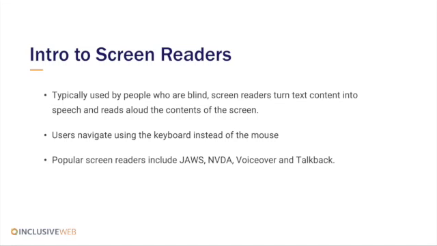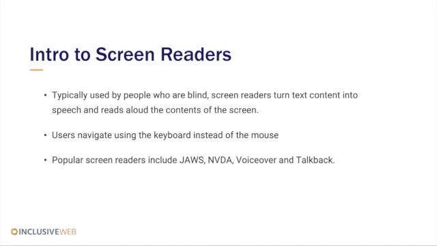Assistive technologies could be as low tech as a pair of glasses or crutches or canes, and as high tech as artificial intelligence, voice assistants, smart speakers, smart homes. These are all things that make life easier and can assist people with disabilities in accomplishing tasks that they couldn't do before.